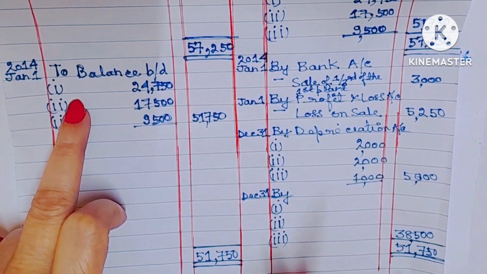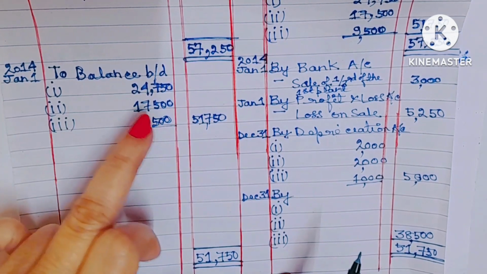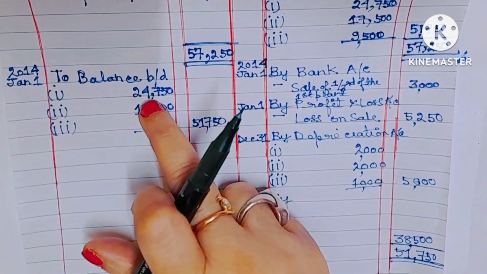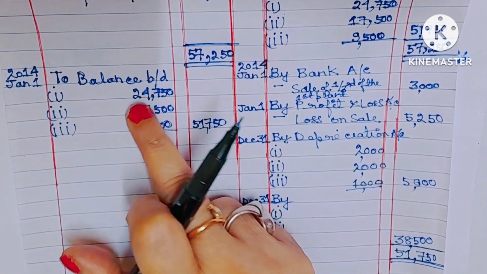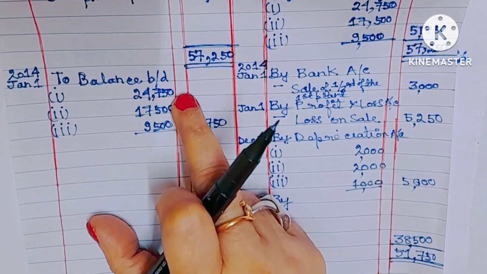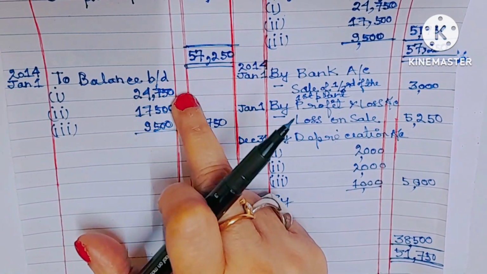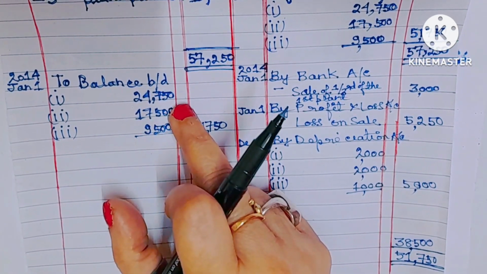But here there is a problem. You cannot find out the balancing figure of the first plant in this method. Why? Because 24,750 is the book value of the whole plant. Because 1/3 of the plant has already been sold.